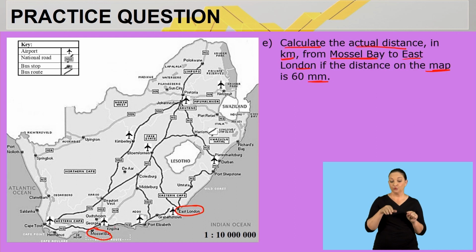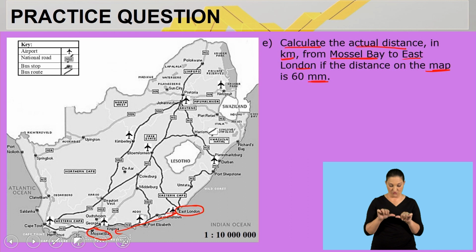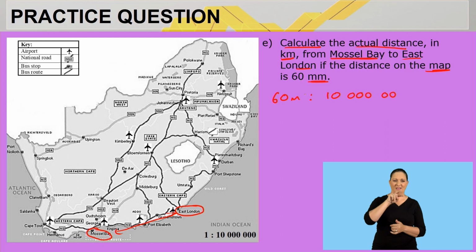On this map, the distance between the two places equals 60 millimeters. Guys, are we clear on that? So how will we go about this question? First of all, 60 millimeters is to 10 million millimeters. Guys, are you with me? So now my unit is the same.